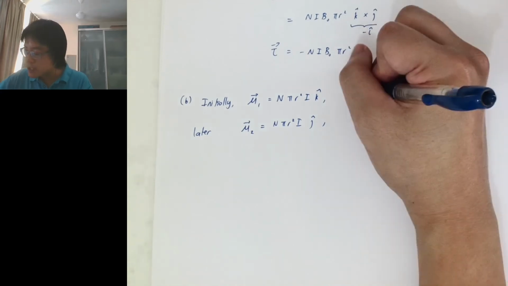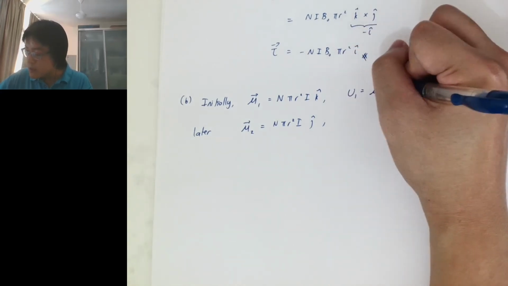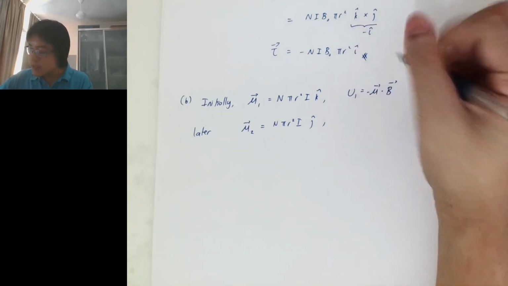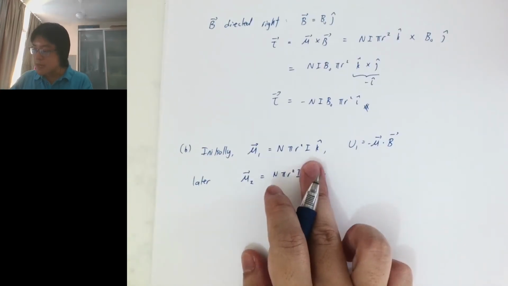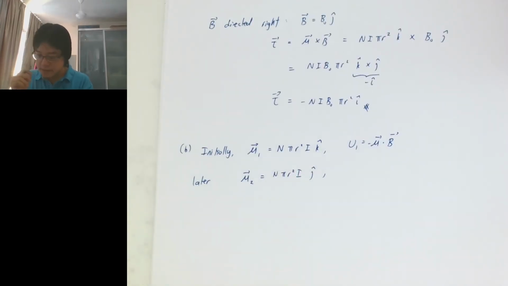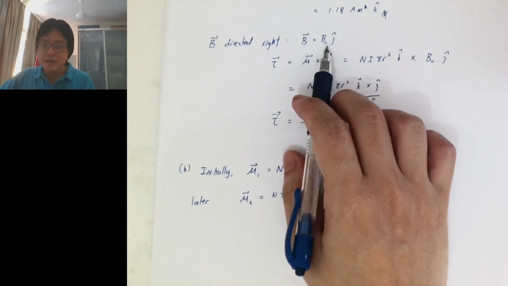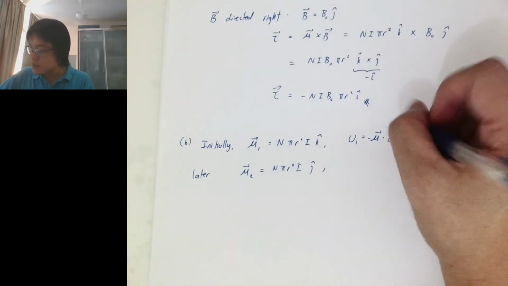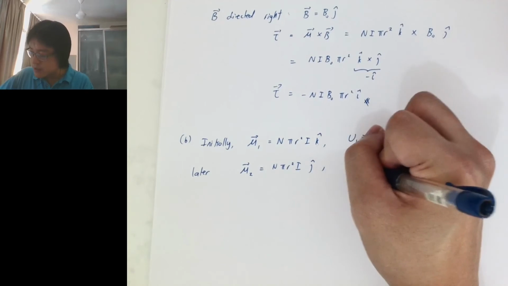So my potential energy at the first point is mu dot B, right? My B was pointing in the right direction. Oh yeah, j, right? So k dot j is going to be 0. I thought I made a mistake.